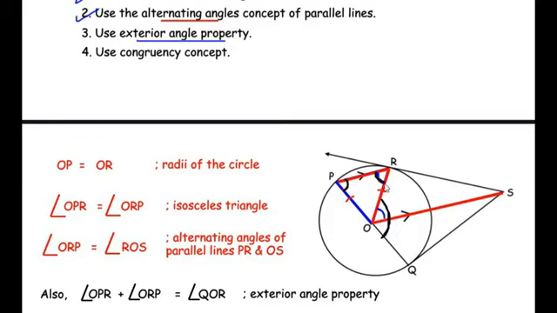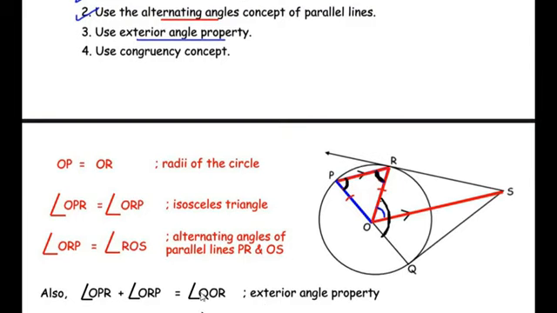Here angle QOR is acting as an exterior angle to the triangle POR, and according to the statement of the exterior angle property, we know that the exterior angle will be equal to the sum of opposite interior angles of the given triangle. So here opposite to angle QOR are the interior angles R and P. So QOR becomes equal to the angle OPR and angle ORP. So we have made use of the exterior angle property.